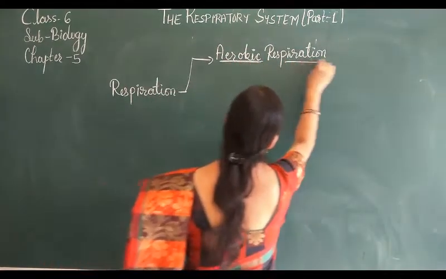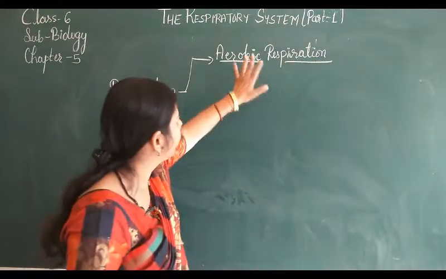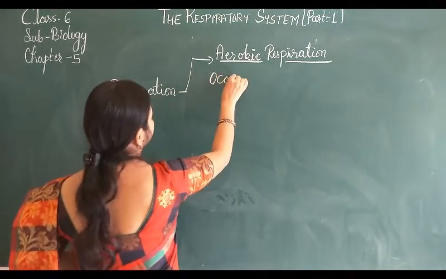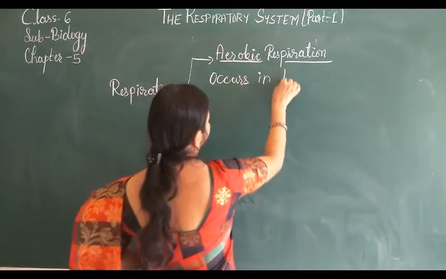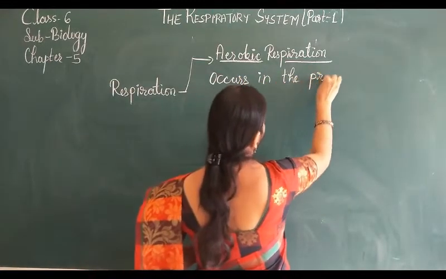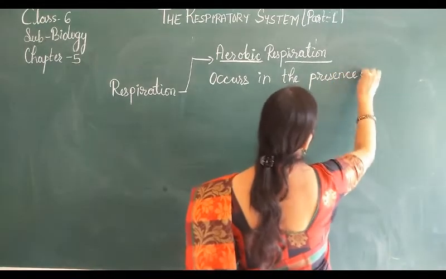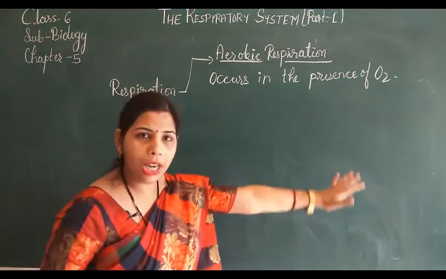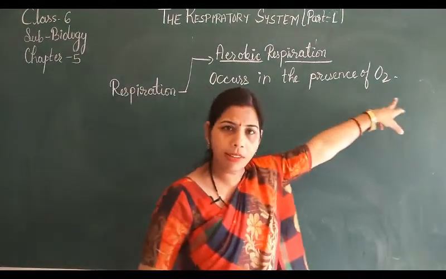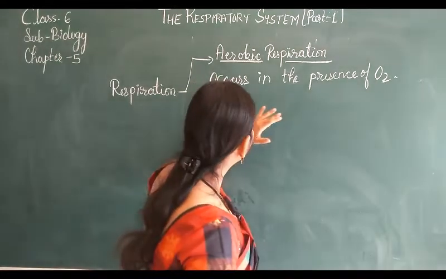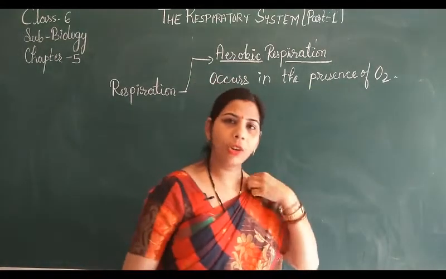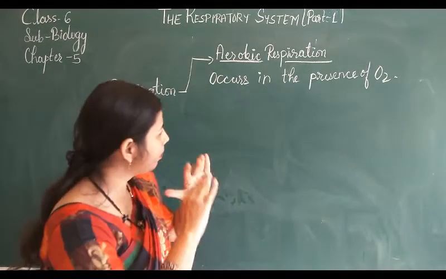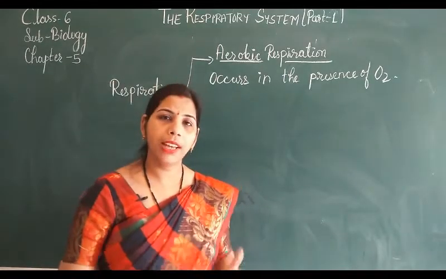So what is aerobic respiration? That means the respiration which occurs in the presence of oxygen. That means when the glucose is broken down in our body cells in the presence of oxygen, this respiration is known as the aerobic respiration, and in this type of respiration a huge amount of energy is released.